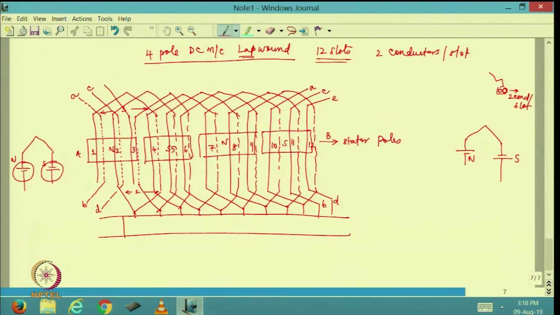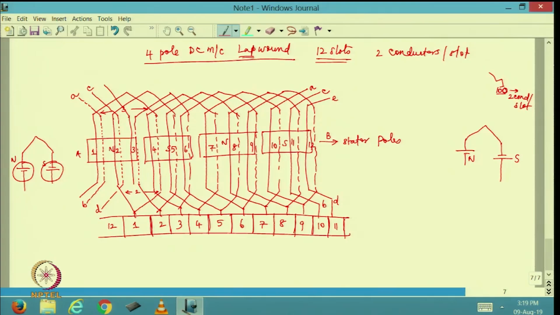So, I can say this is 1, this is 2, this is mica, this is 3, this is 4, this is going to be 5, 6, 7, 8, 9, 10 and 11, and this will be actually 12, right, which will be connected to the next one which is coming out. We have not still shown what is coming out of here. So that should also be connected elsewhere. So this is how the entire thing is going to be connected.